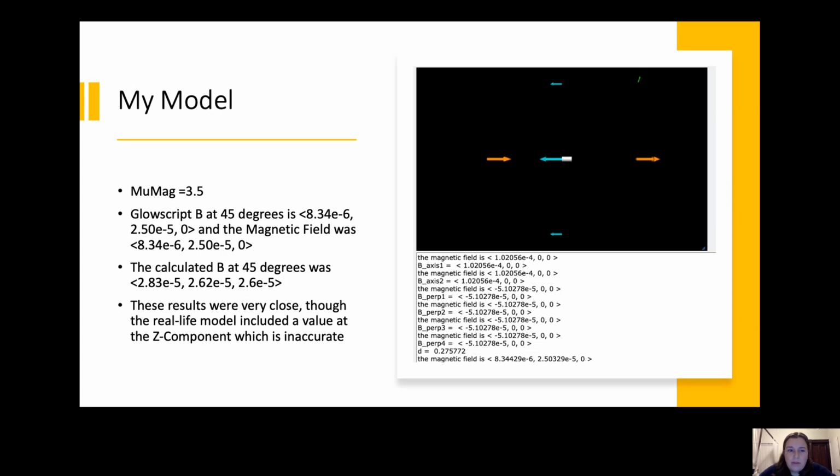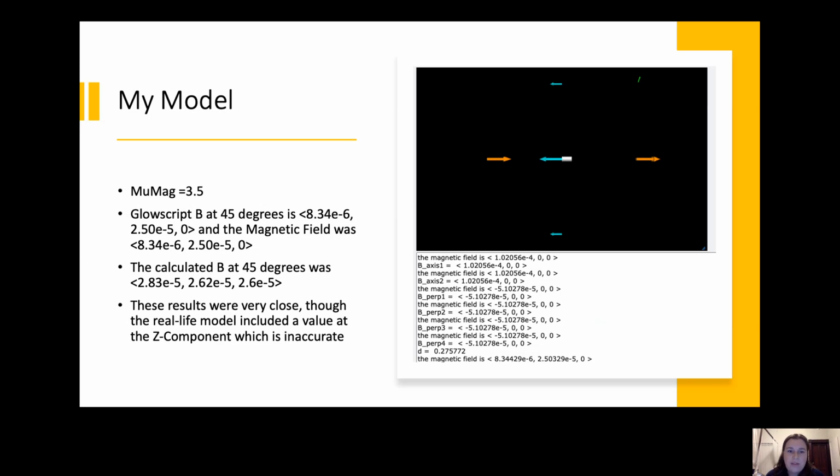Though they were close, with the GlowScript B at 45 degrees being 8.34e-6, 2.5e-5, and 0, my calculated B at 45 degrees from that experiment previously was 2.83e-5, 2.62e-5, and 2.6e-5.